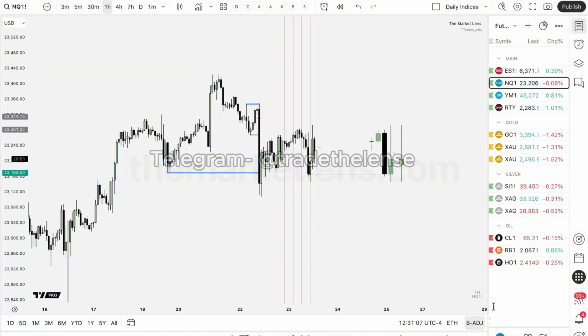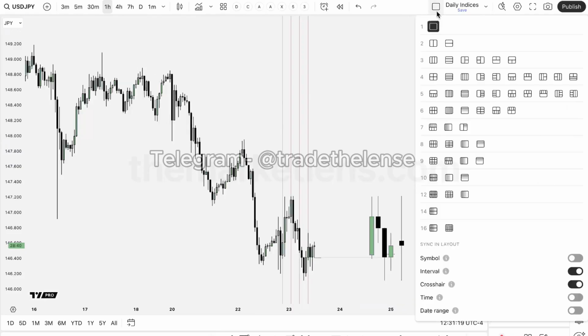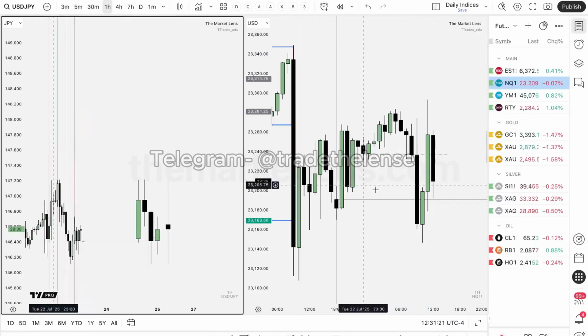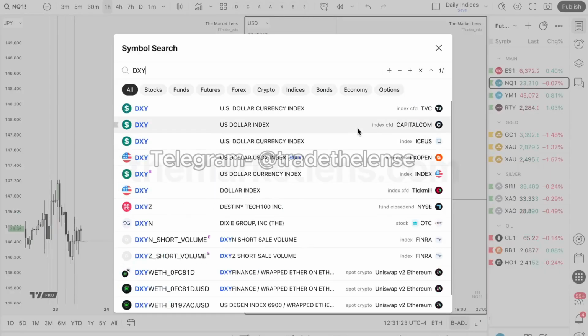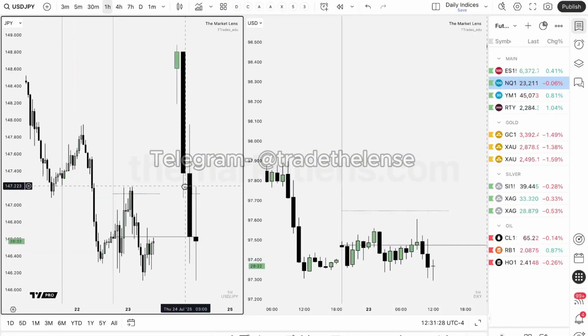A correlated asset for USD JPY, I would just use dollar. Then it should be the same. So for instance, if you're looking at USD JPY here, you pull up another chart and you just pull up dollar, right? And you clean these up, right?